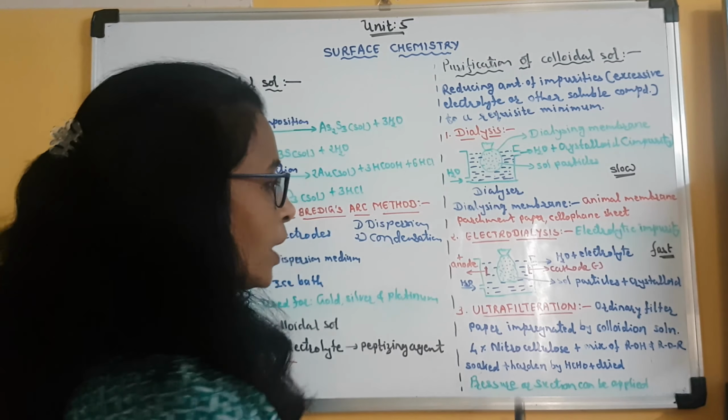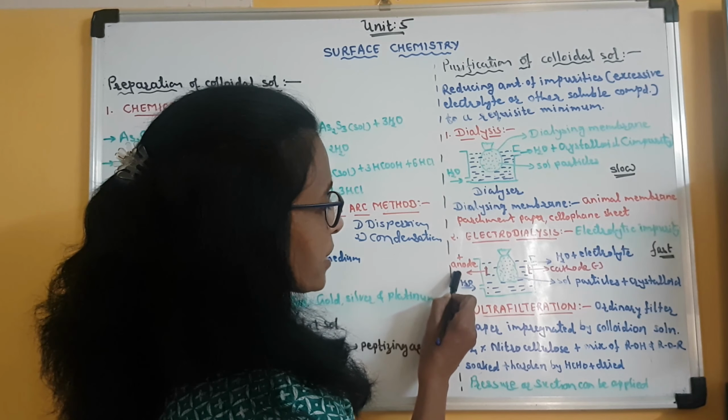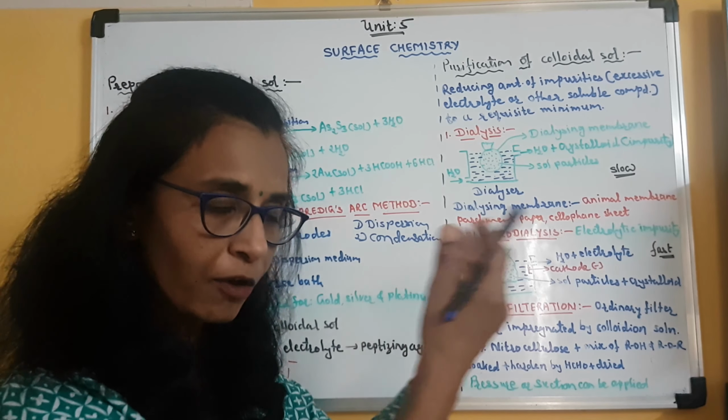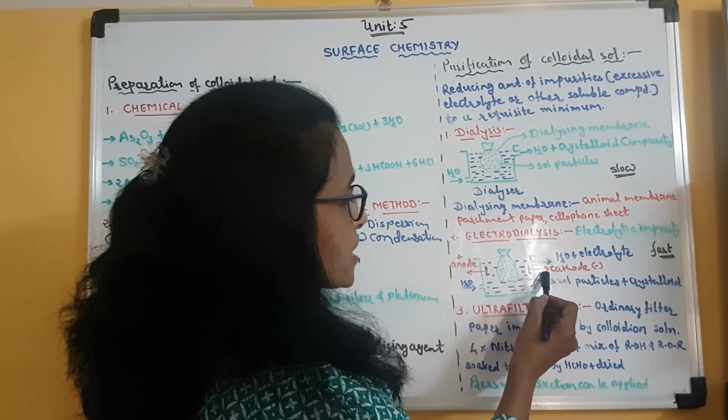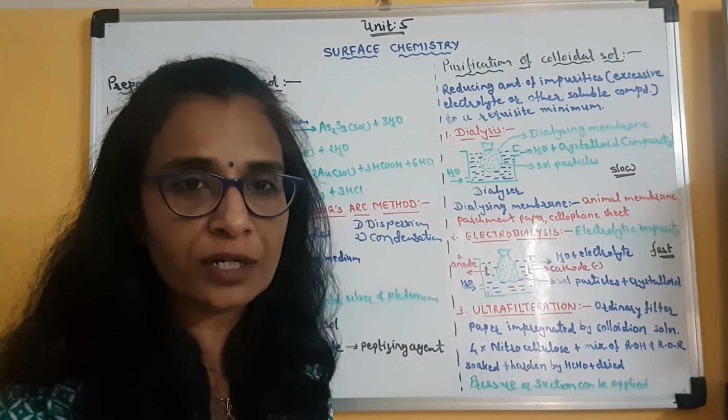But here two metal electrodes are used, meaning electric supply is given. This electrode is called anode and it is connected with the positive terminal of an external source. And this is cathode, which is connected with the negative terminal of the external source. Now when electricity is passed, what will happen?